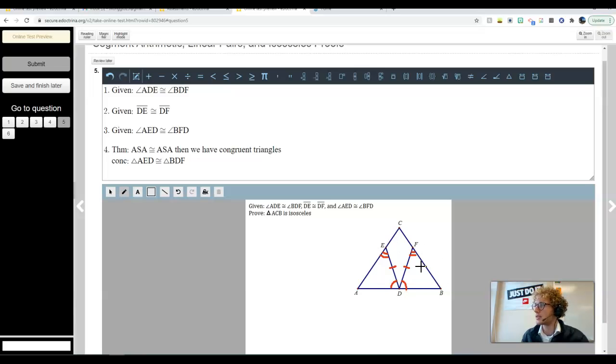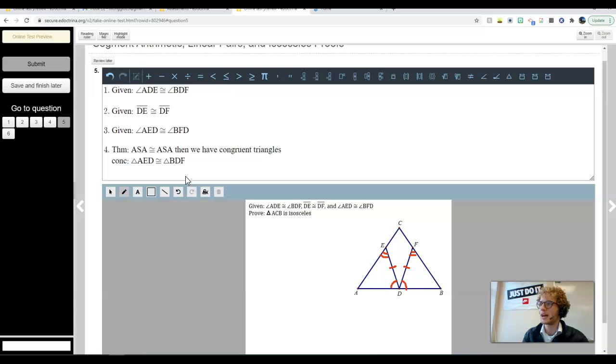If we're looking at this, we can't really get these sides congruent because they aren't a part of the whole triangle. And we can't use segment addition because they aren't sharing a piece. But if we are looking at this, both of these triangles have this angle. And if we can prove this angle congruent, then we can prove the whole triangle congruent.